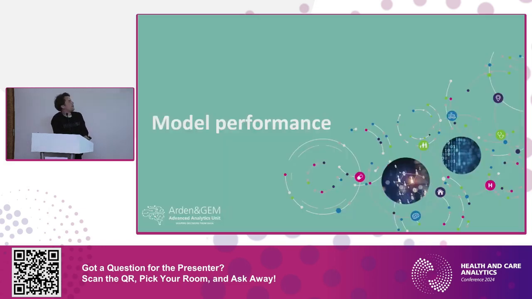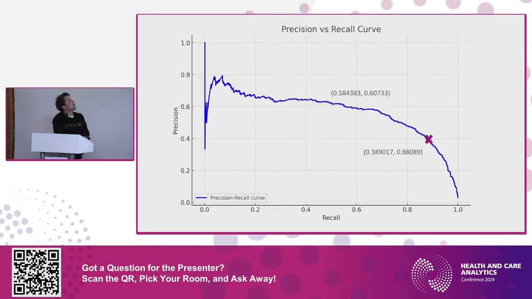So just quickly we're going to go through the model performance. There are a bunch of ways of evaluating model performance, and I have already mentioned that internally we used a metric that tries to balance precision and recall.